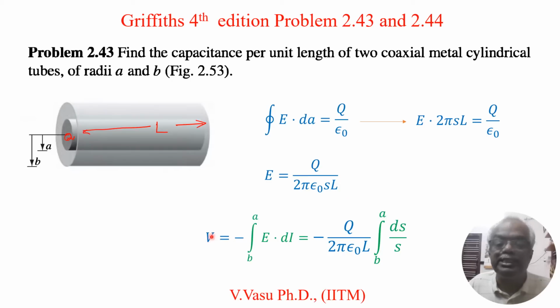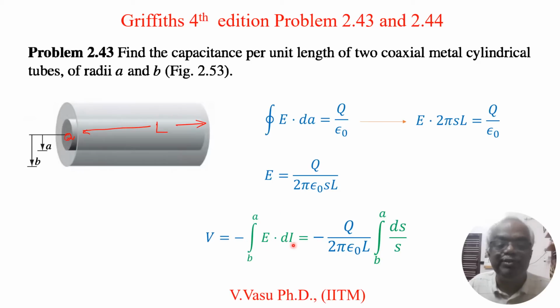In order to get the potential, which is defined as minus the integral between the limits b to a of E dot dl, where dl is the small length element, I take all the constants outside the integral: Q divided by 2 pi epsilon naught L. Of course, you have a minus here.